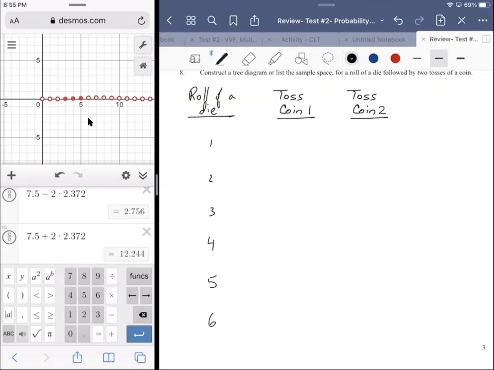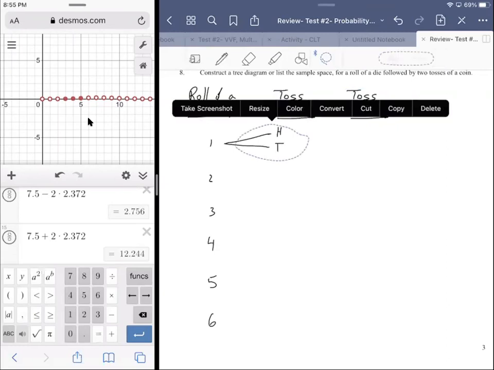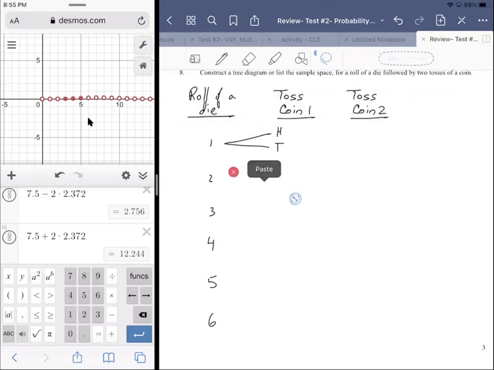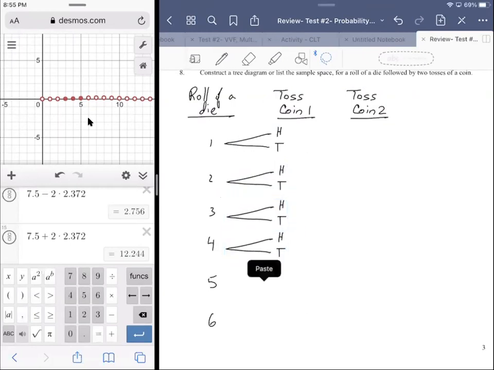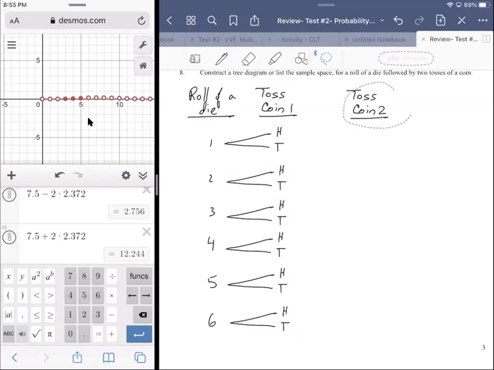So if I'm tossing the coin the first time, my outcomes are heads or tails. All right. So then from there, I can toss a coin a second time, in which case I still have outcomes heads or tails.